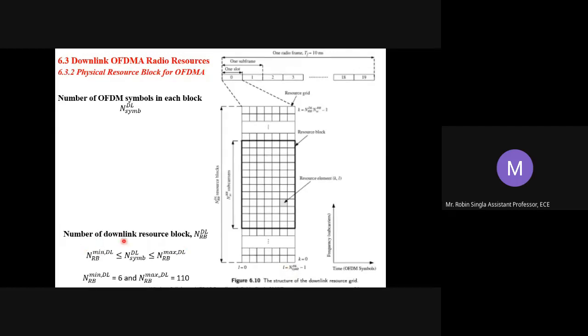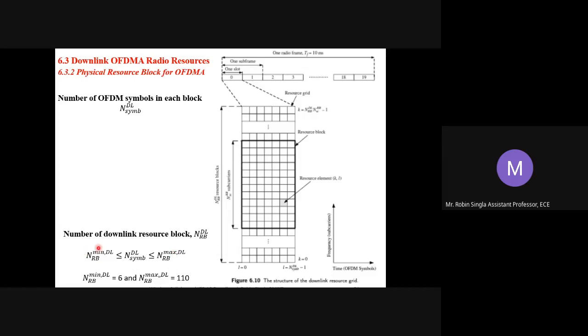Next is the number of downlink resource blocks. The total number of resource blocks, as represented by the bold lines, as we are studying the downlink, is represented by N DL RB.